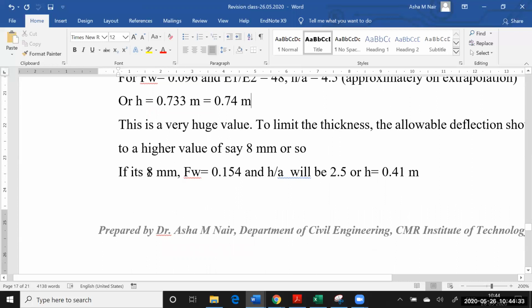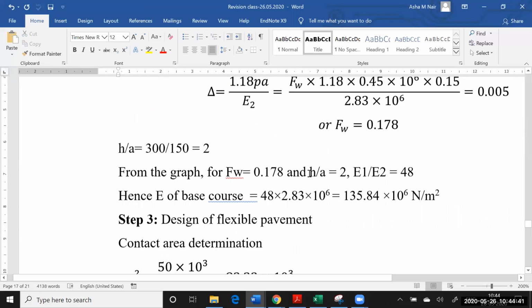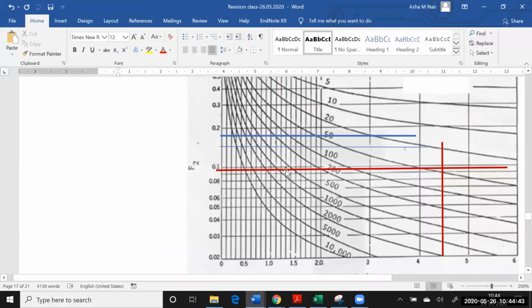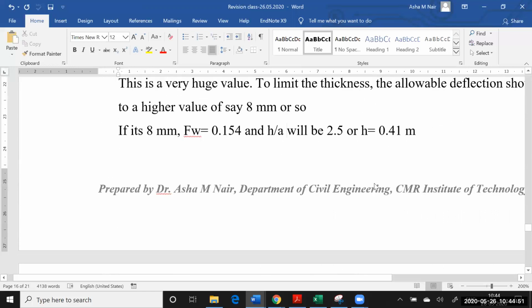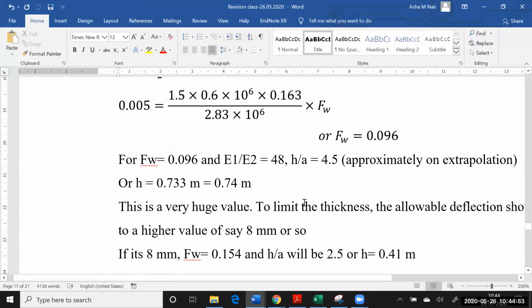Say if the tolerable deflection is 8 mm, you'll get Fw equal to 0.5154, and H by A may come to somewhere around 2.5. So that's what I have written here at the end. Anyway, this is not required. You have to stop only till here, but this is just for your understanding.